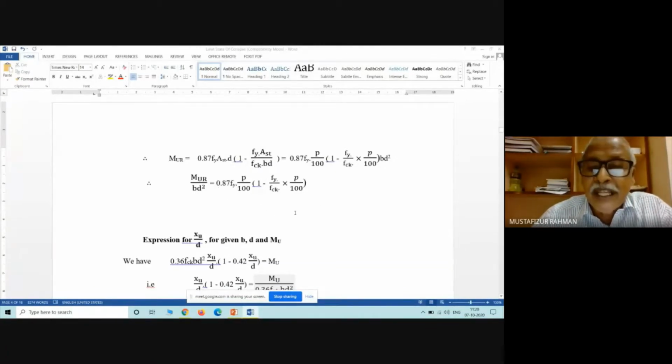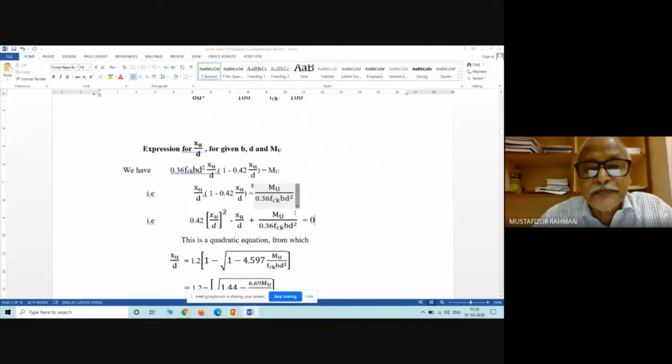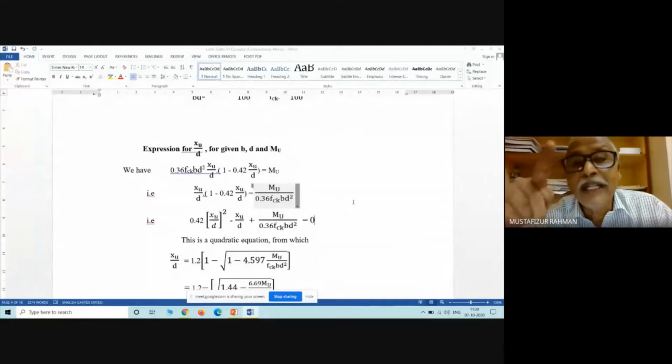Now see here, again there is a combination for getting Xu by d. Xu by d means the actual effective depth factor. Xu is the actual depth we had already defined beforehand. One is Xu, another is Xu maximum.